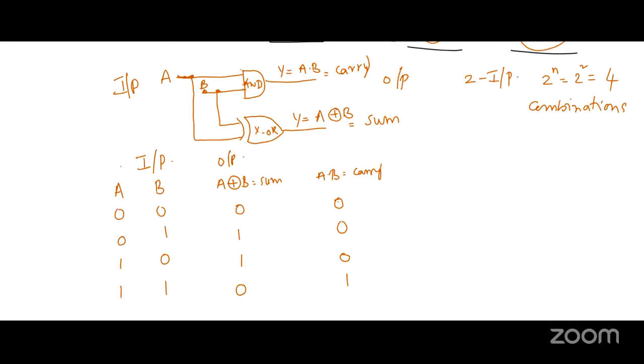Okay, now. Suppose these two bits we are adding. Which ones are you adding? These two. A is 1, B is 1.